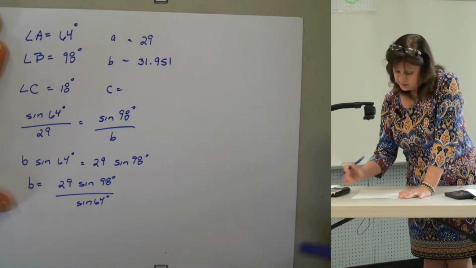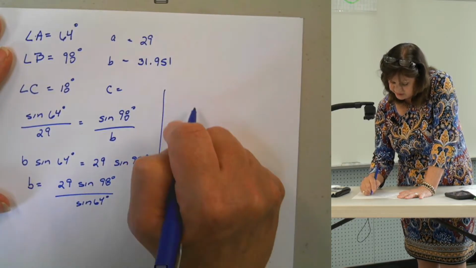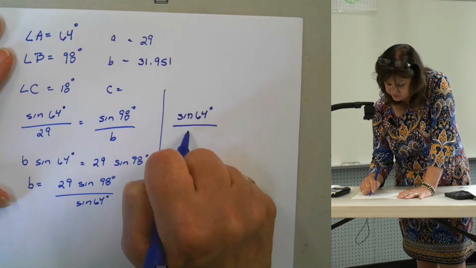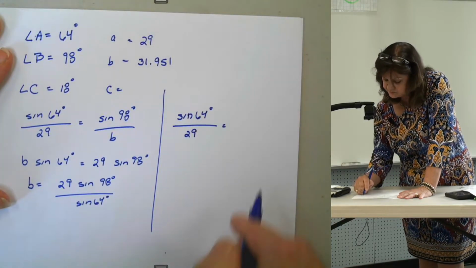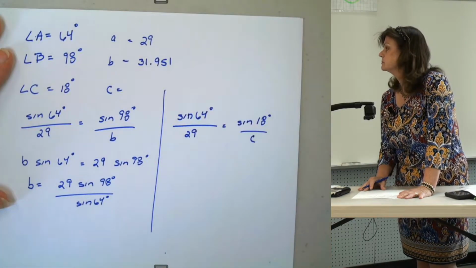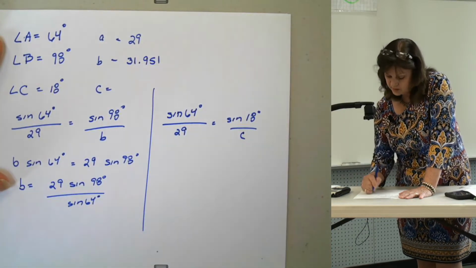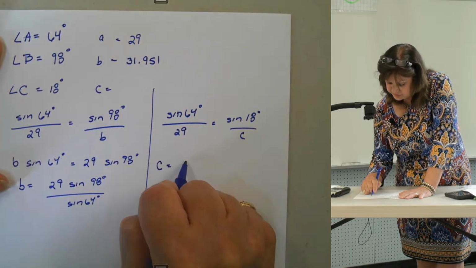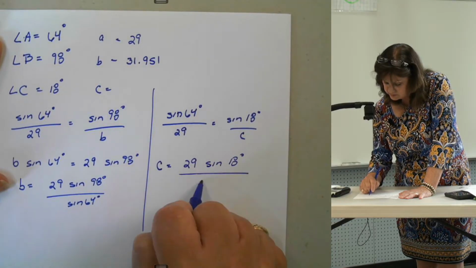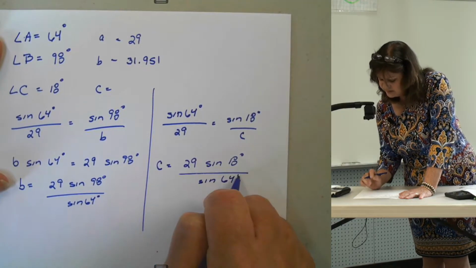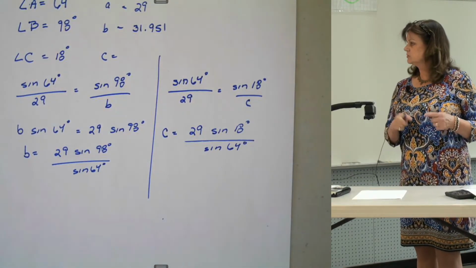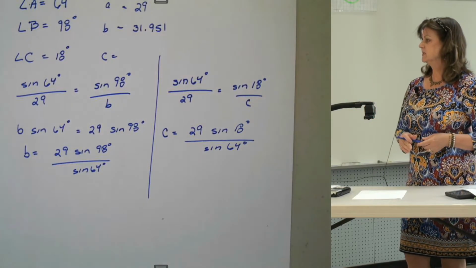All right. So what do we know about C? Well, same as before. Sine 64 over 29, sine A over A, is sine C over C. So C is equal to 29 sine 18 over sine 64. I did 2 of the algebraic steps in 1 there, multiplied by both denominators and divided by sine 64.